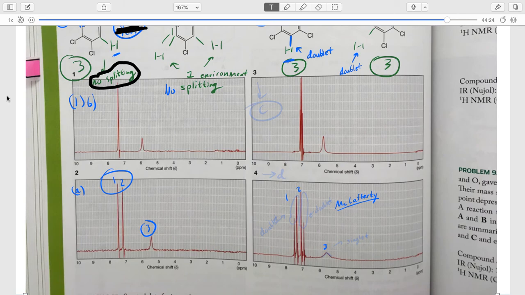Alright, but aside from the point, so it looks like right here, in both of these cases, we've got doublets, and then just a singlet here. Let's see what that matches up with. This one we pretended was not there because it's too far away.